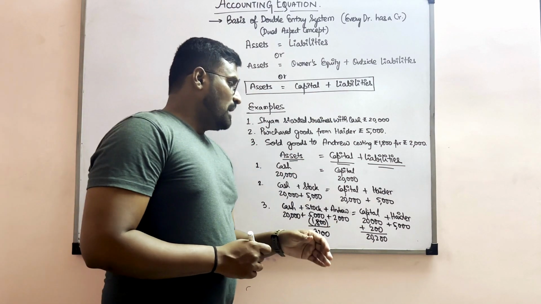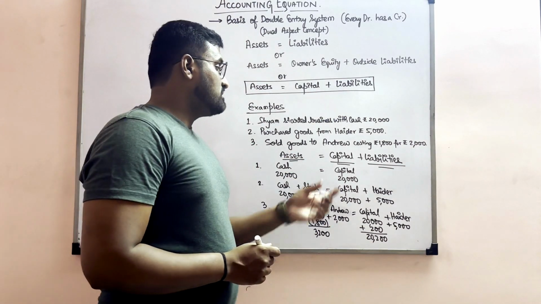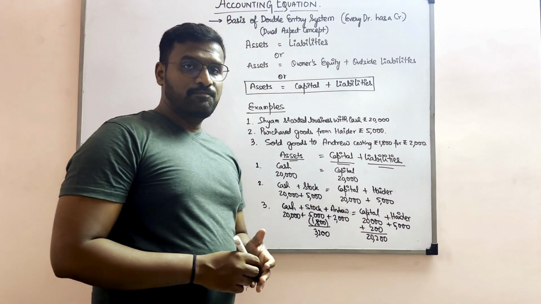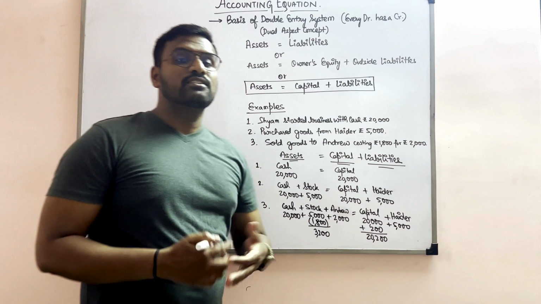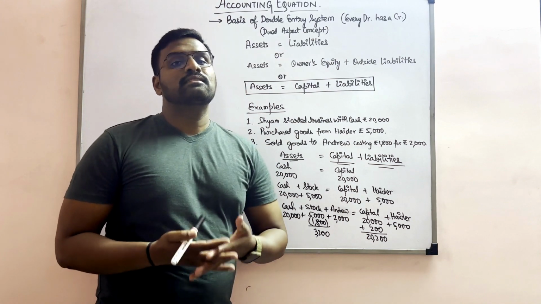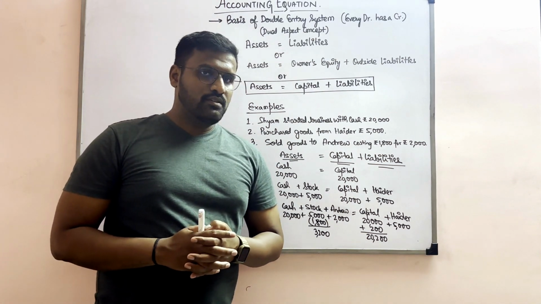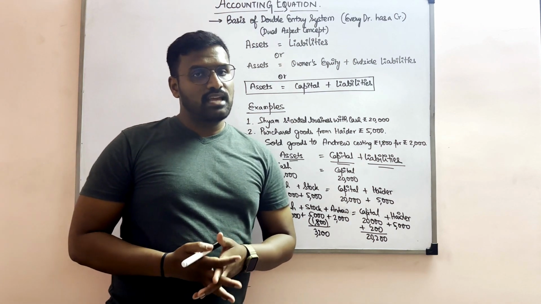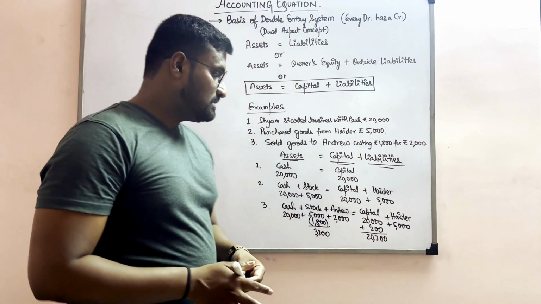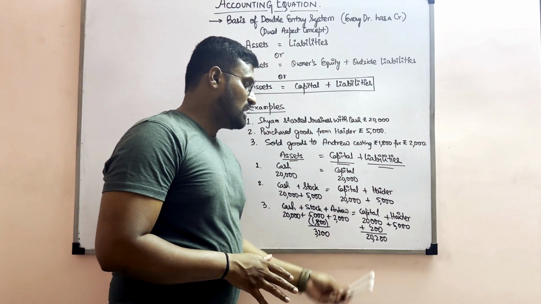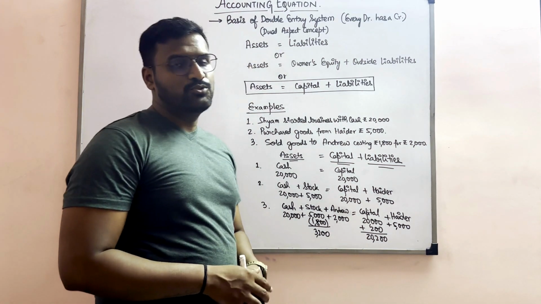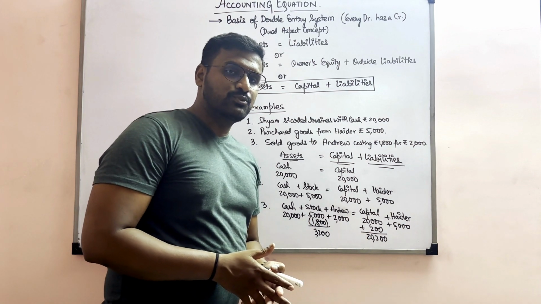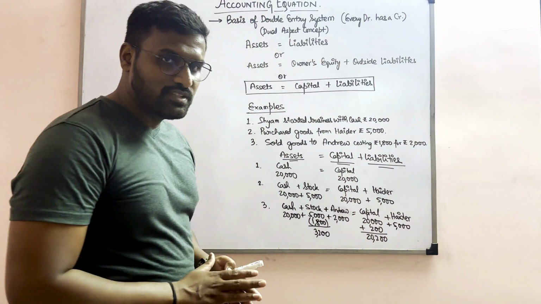Now, on the capital and the liability side, what to do with this 200 rupees, the one we had a query about? This 200 rupees is the additional money that we are getting, and this we refer to as profit. This profit belongs to the owner because the owner has invested capital in the business. Hence, this 200 rupees gets added to the capital and it becomes 20,200. Well, for Heather, it remains the same as 5,000. We are supposed to pay him later on, so there's no change over there.